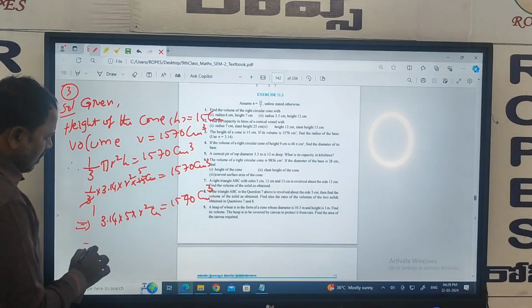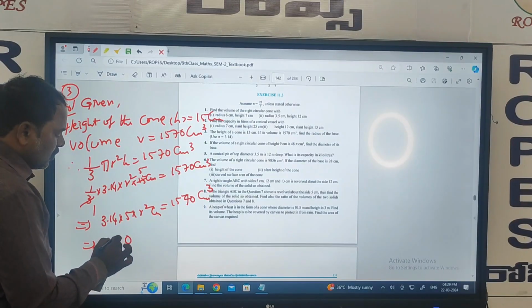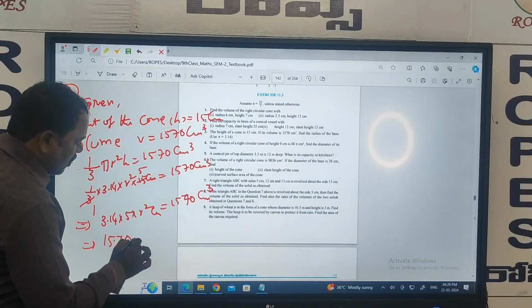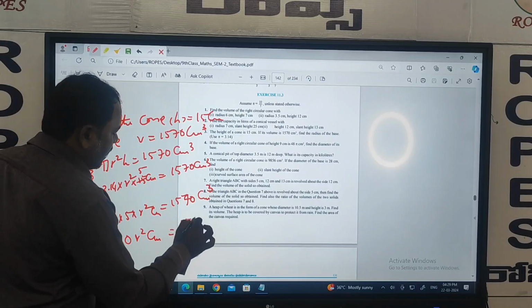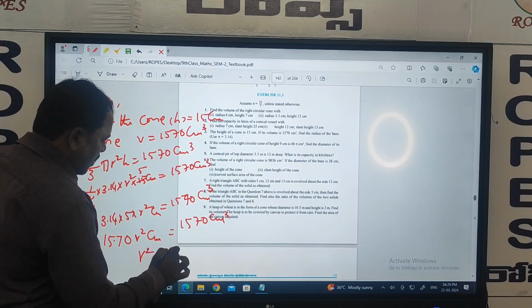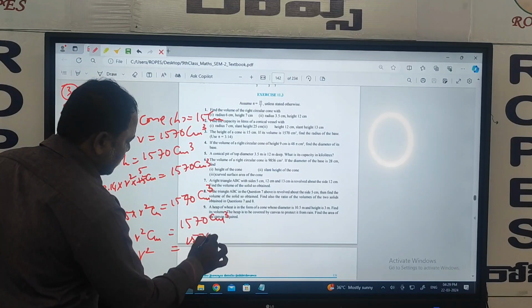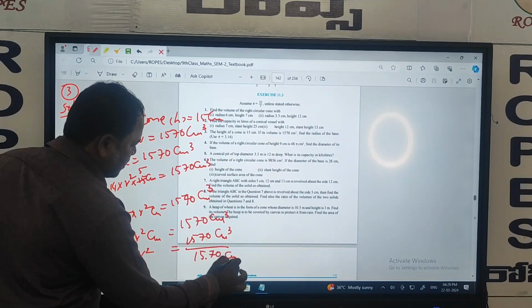Now here 5 fours are 20, 5 ones are 5 plus 2, 7, 5 threes are 15. So 15.70 r square centimeters is equal to 1570 centimeters cube. Now r square is equal to 1570 centimeters cube divided by 15.70 centimeters.